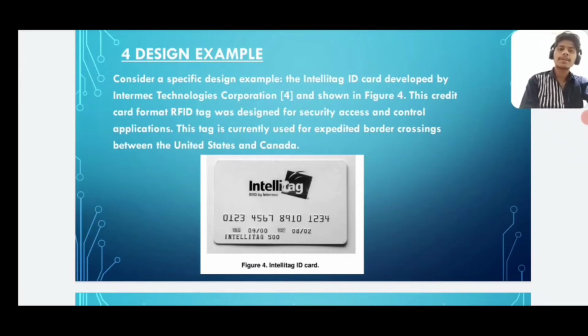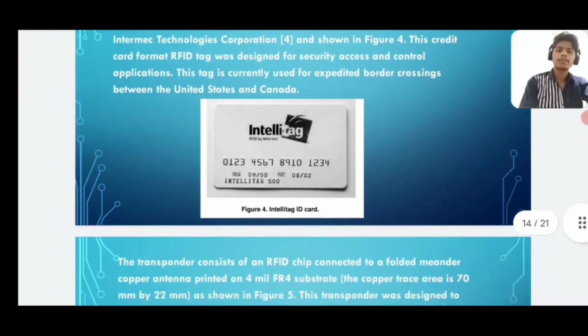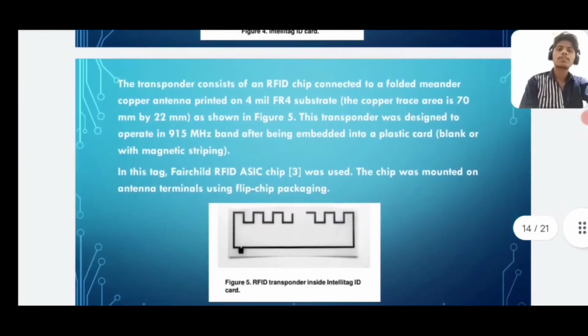This tag is currently used for expedited border crossing between the United States and Canada. This is that card. The transponder consists of an RFID chip connected to a folded meander copper antenna printed on a 4 mm FR4 substrate. The copper trace area is 70 mm by 22 mm, as shown in figure 5.